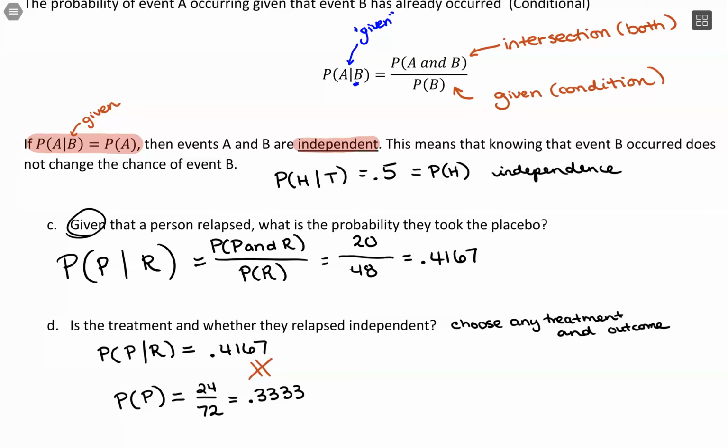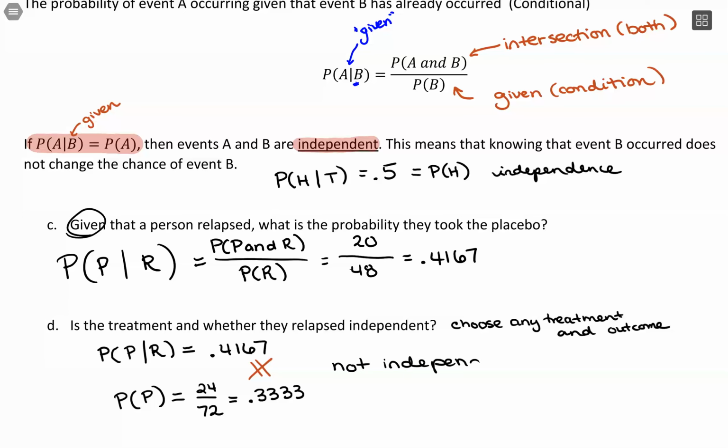If we know that they relapsed, there's a higher chance that they were in the placebo group. That shows there's a dependence between those two variables. Knowing one affects the probability; it can increase or decrease it based on that condition. Because those are not the same, they are not independent.